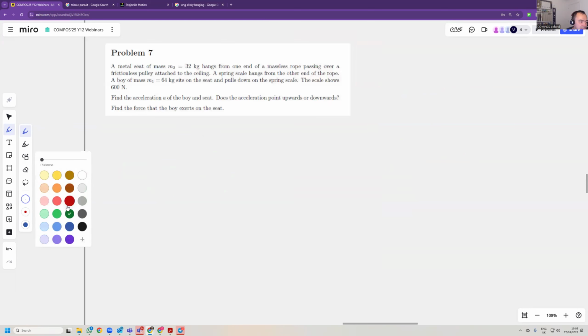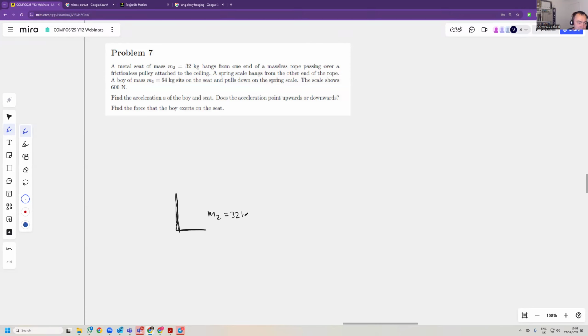Okay. So you have a metal seat of mass 32 kilograms. So you've got a seat of mass M2 is 32 kilograms. One end of a massless rope passes over a pulley attached to the ceiling.